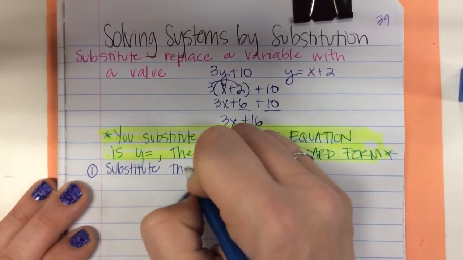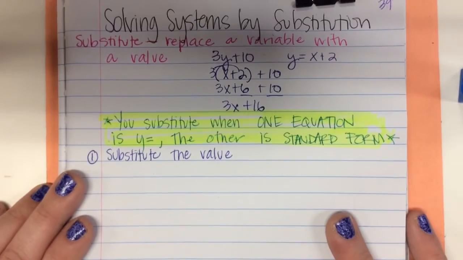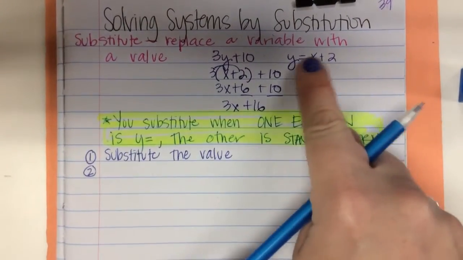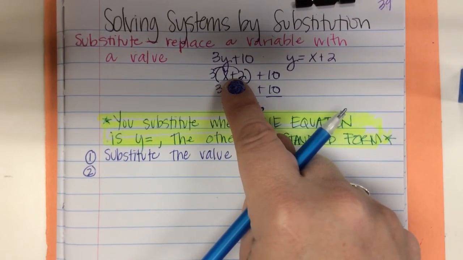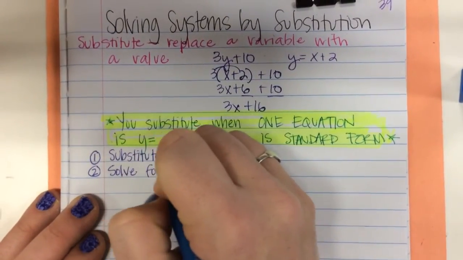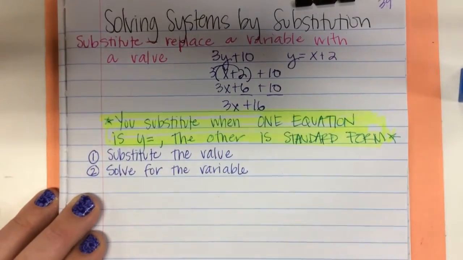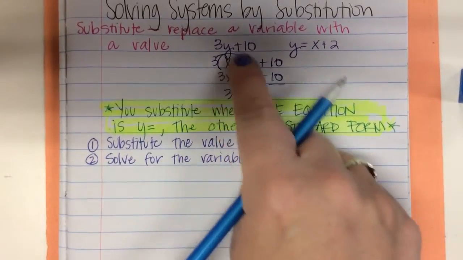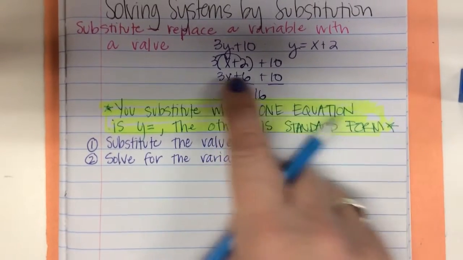Substitute the value. Just like we did up here. Instead of y, I put in x plus 2. Solve for the variable. Right? We distributed, we simplified. If it had an equal sign, I could then solve.